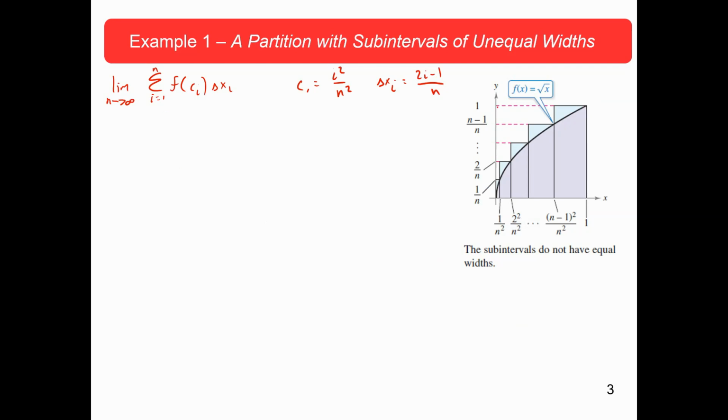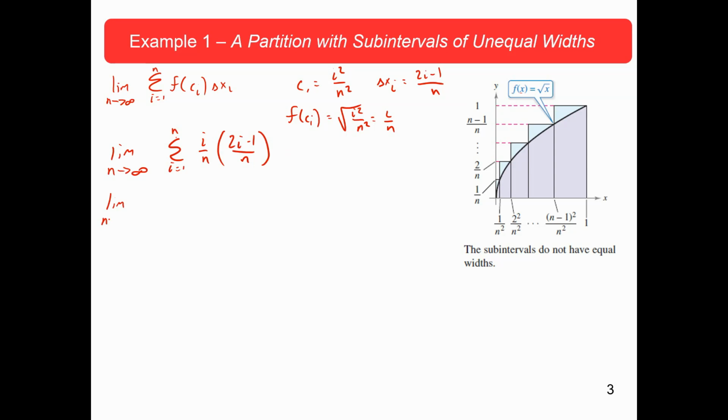So we're talking about f of x, so f of ci is the square root of i squared over n squared, which is just i over n. So we're really just looking for the limit as n approaches infinity of the sum of i over n times 2i minus 1 over n.